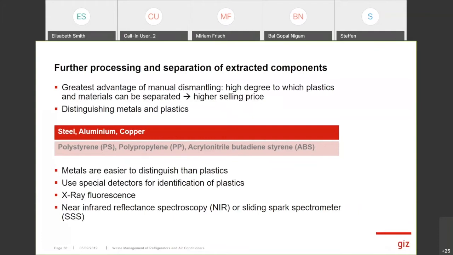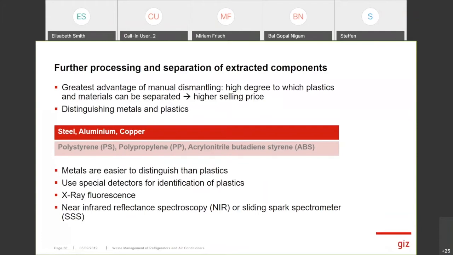Distinguishing metals and plastic and steel, aluminium and copper, the most valuable materials from the system, and also considerable polystyrene, propylene, and other materials.